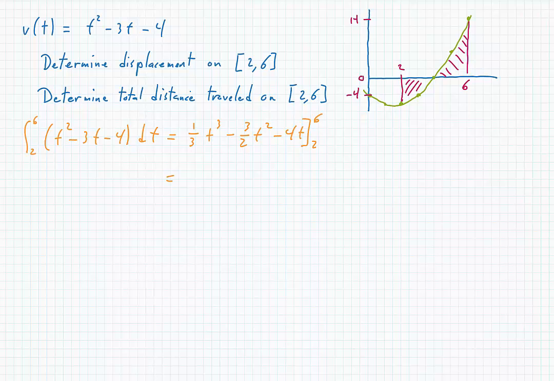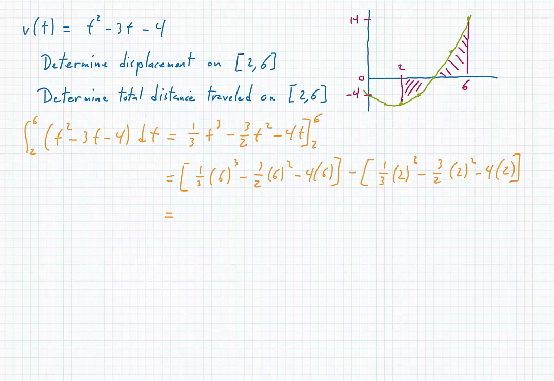So that is going to give us 1/3 times 6 cubed minus 3/2 times 6 squared minus 4 times 6, minus 1/3 times 2 cubed minus 3/2 times 2 squared minus 4 times 2.